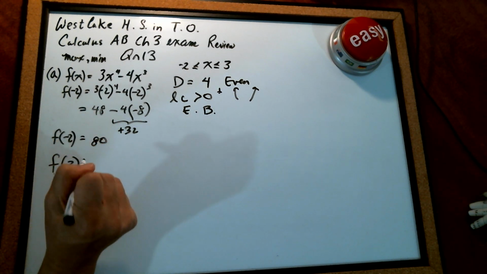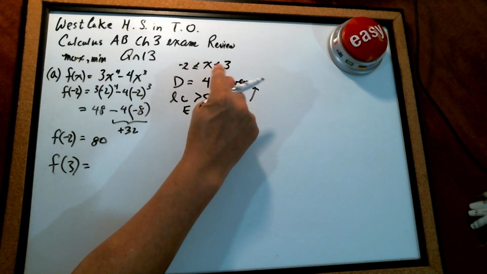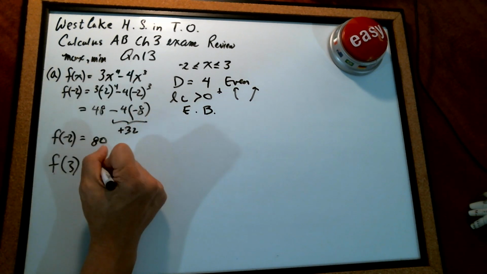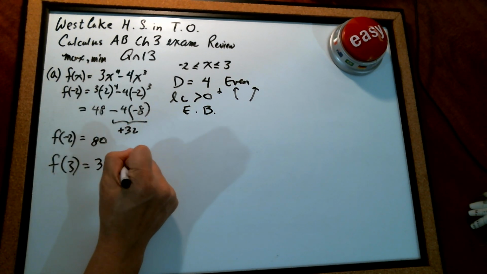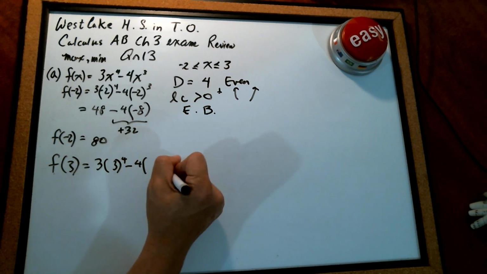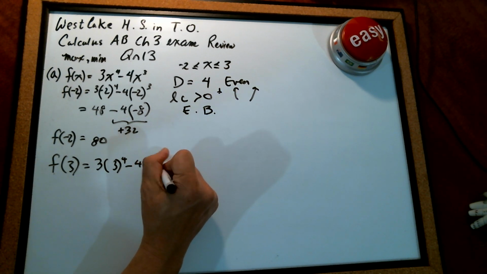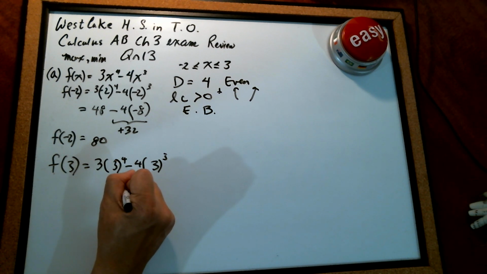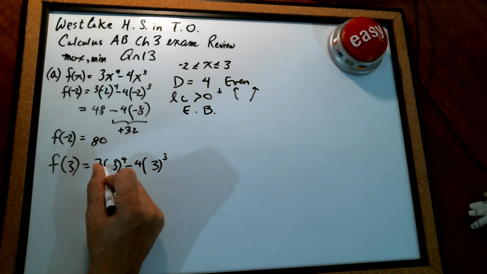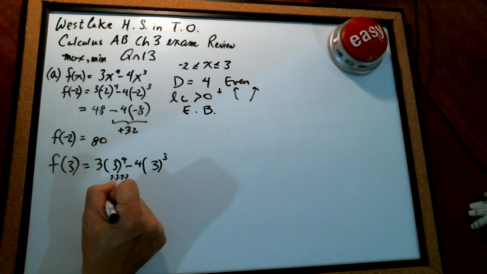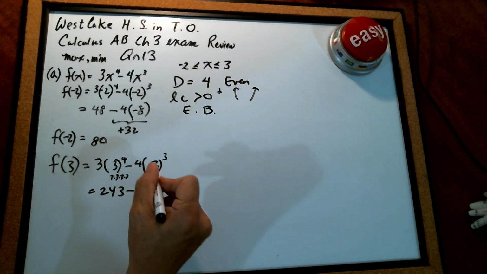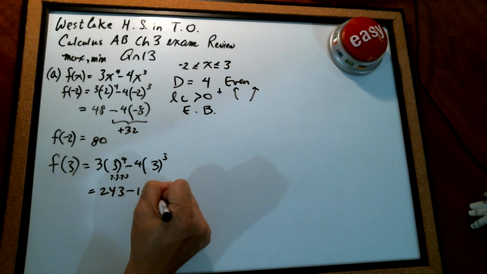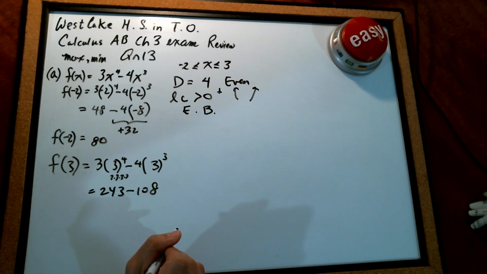f of 3, because we're going to check -2 and 3 right over there. You plug into the function again. 3 times 3 to the 4th minus 4 times 3 cubed. 3 times 3 times 3 times 3, that's 9 times 9, which is 81. 81 times 3 is equal to 243, minus 27 times 4, which is 108.